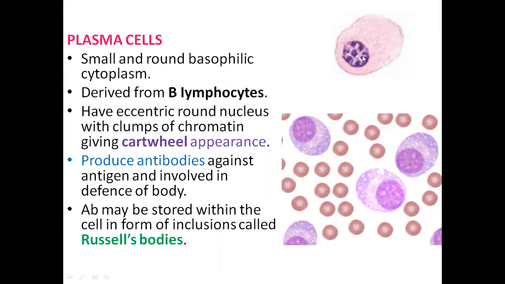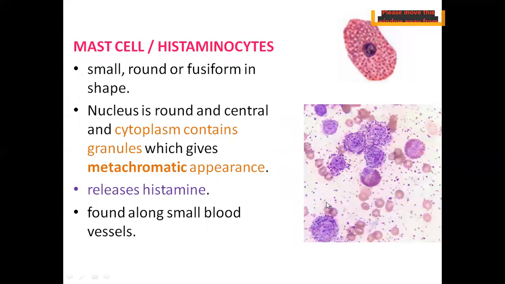It looks like a cartwheel, and that's how the nucleus is said to have a cartwheel appearance. The function of plasma cells is to produce antibodies against antigens and be involved in the defense of the body. Antibodies may be stored within the cell in the form of inclusion bodies called Russell's bodies. Sometimes we may find those bodies inside the plasma cells.